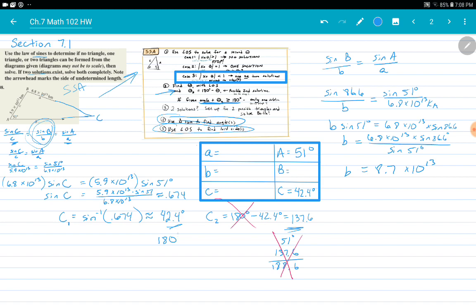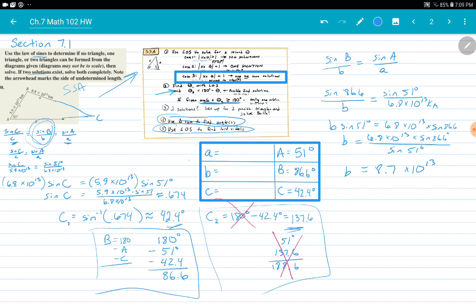B was 180 minus A minus C, so B equals 180 minus A minus C, which gave me 86.6.